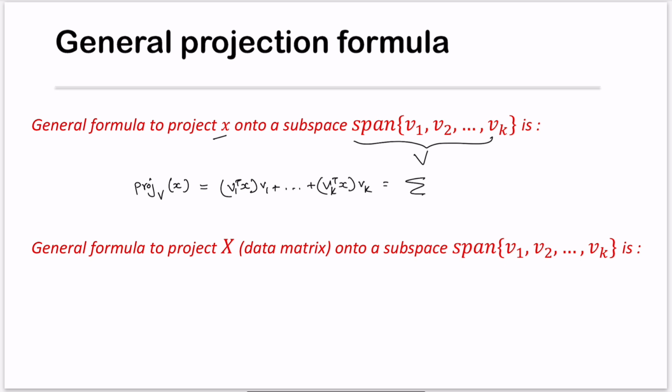This is nothing but a linear combination of v1 up to vk, where the coefficients are vi transpose x in general. Here we are also assuming that the vi's are all unit vectors, that is, the norm is equal to 1.